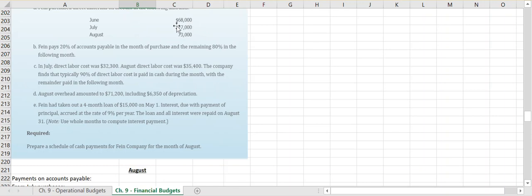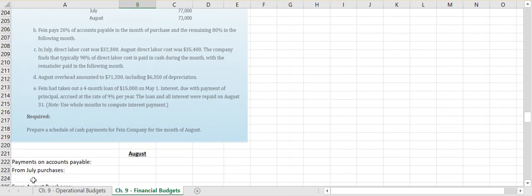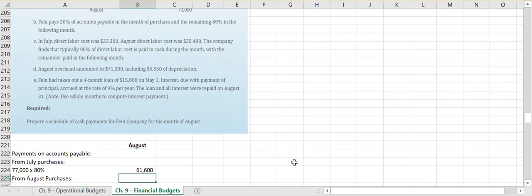We plan to pay 20% of that $77,000 in the month of July, which means we plan to pay the remaining 80% 1 month later, which would be August. So $77,000 in on-account purchases times that 80%. We plan to have to spend $61,600 for those purchases in July.